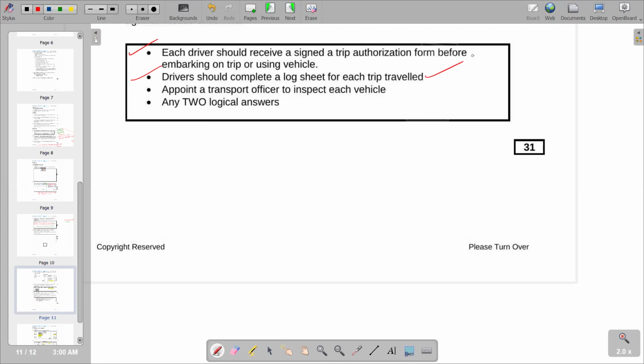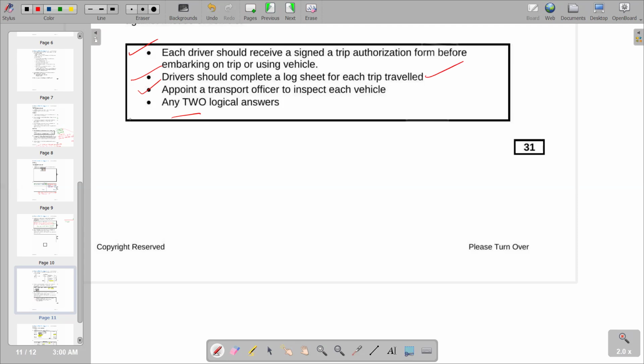So there should be a completion of a log sheet before each trip is traveled. We also have: appoint a transport officer to inspect each vehicle. And then any other logical answers also can be correct. Remember, our question only requires 2 points, so you can just look for 2 points.